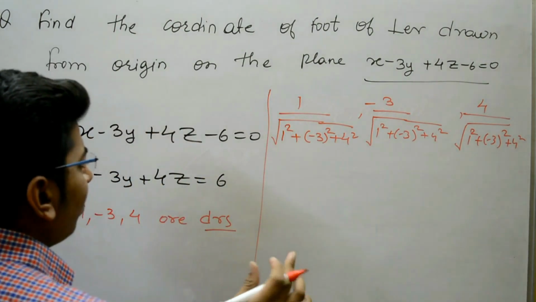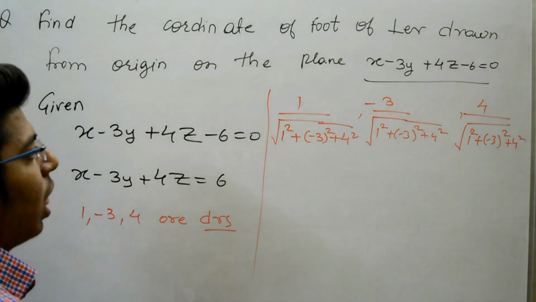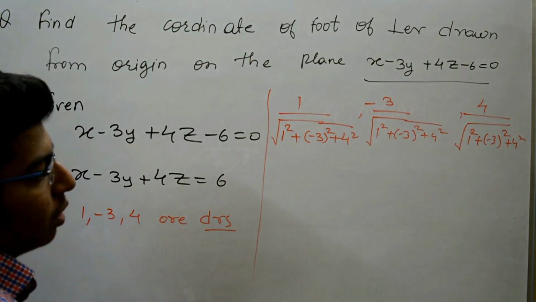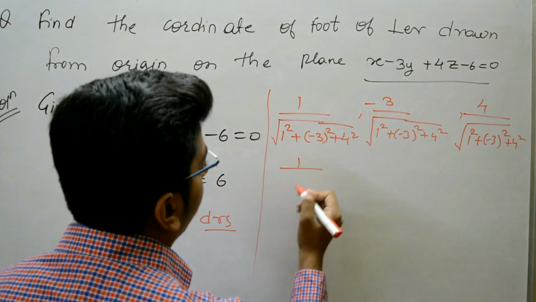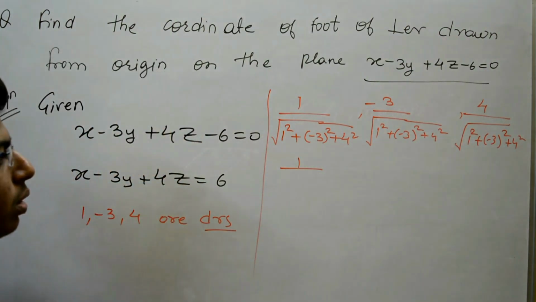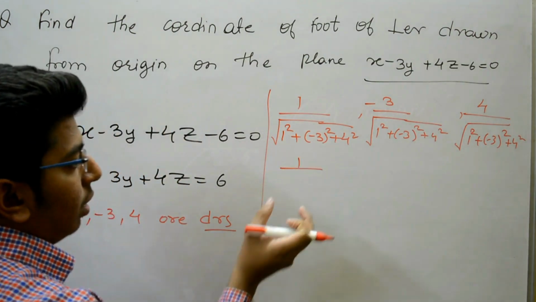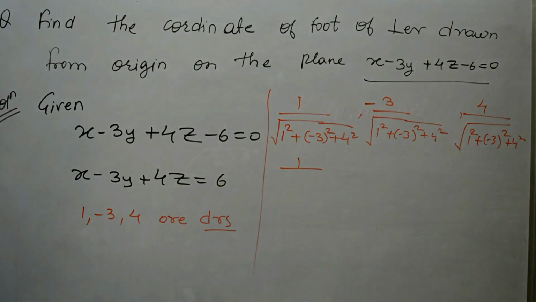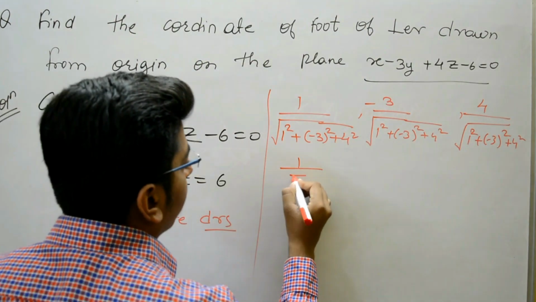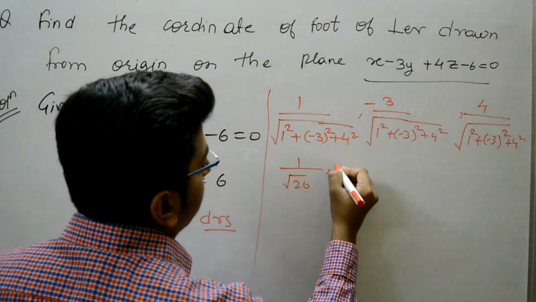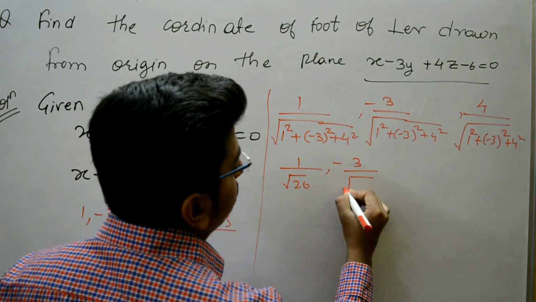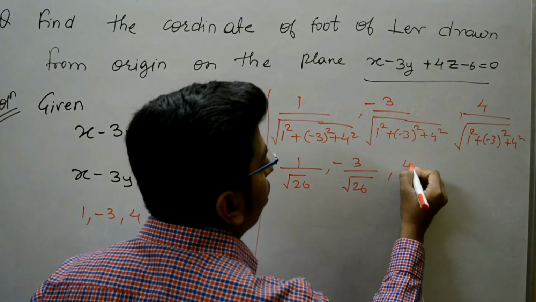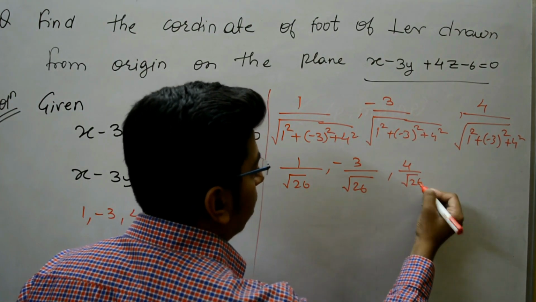So the direction cosines will be 1 upon... solve this. What is the answer? The answer is 1 upon root 26, comma minus 3 upon root 26, comma 4 upon root 26.